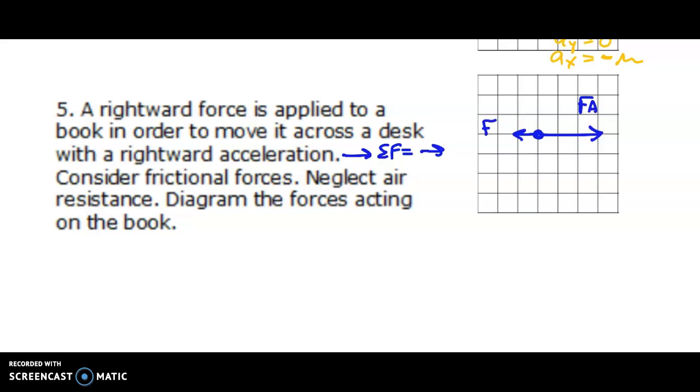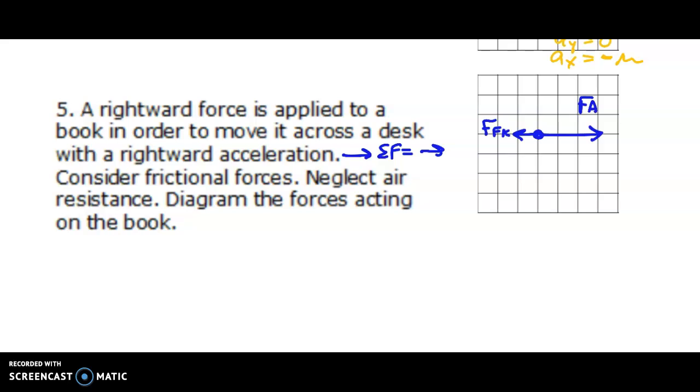We generally call this force of friction. Now, as we get into friction, we're going to see there are two kinds of sliding friction. Static, which is the force that's actually holding two surfaces together with no relative motion, and then kinetic, the one that is just resisting the motion as one is sliding across the other. We really have the book sliding across the desk, so it's going to be kinetic friction.